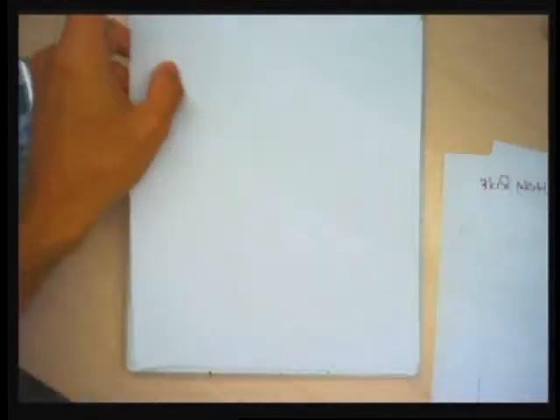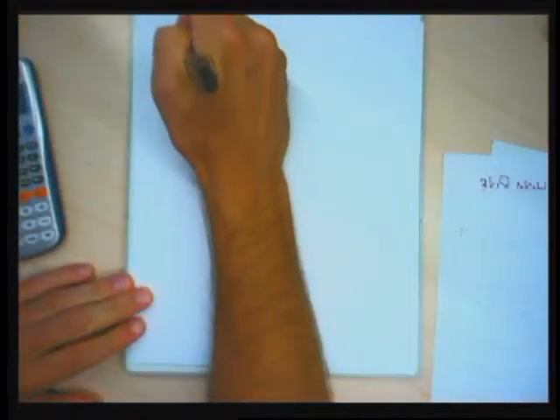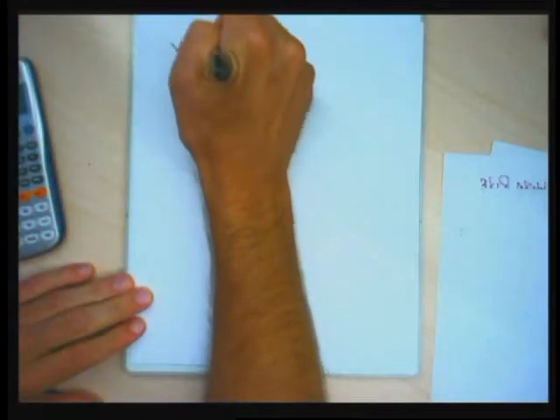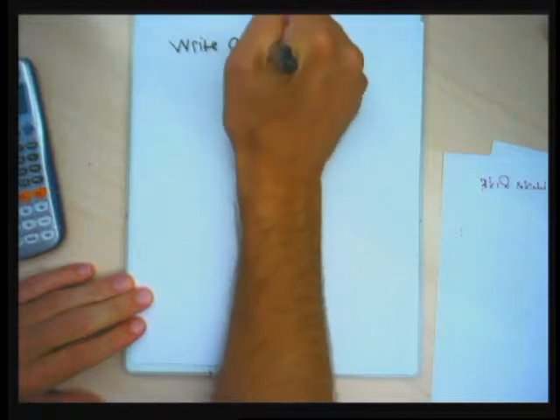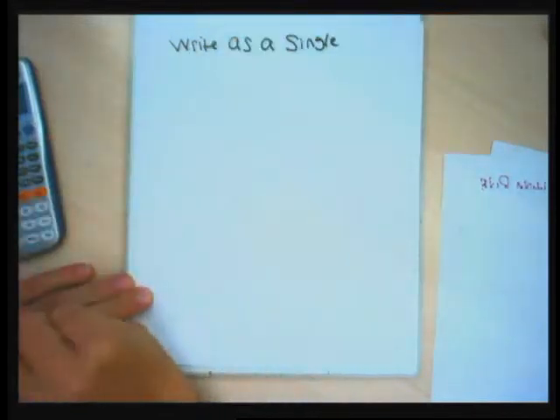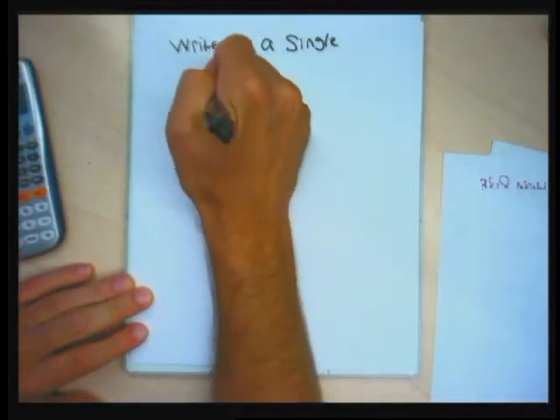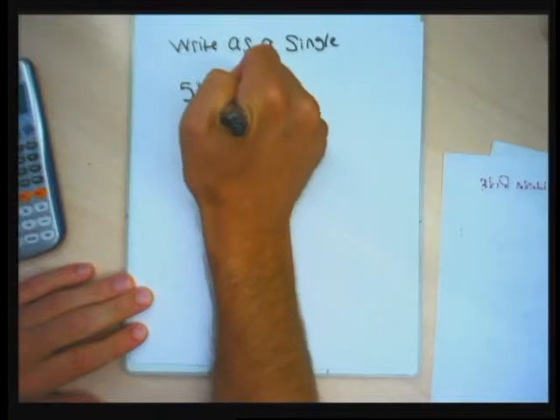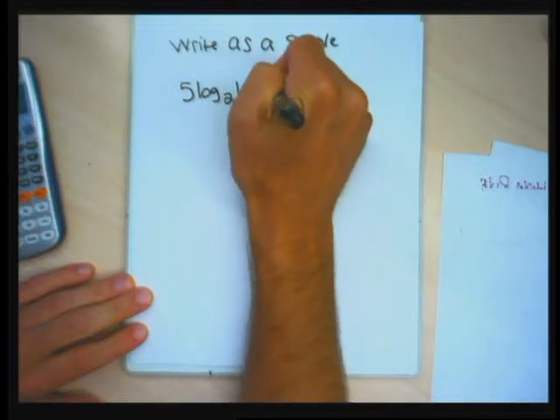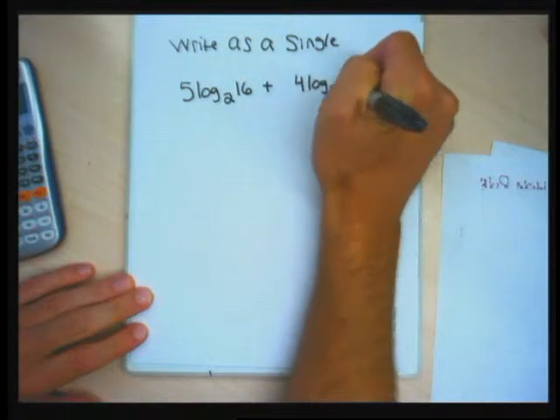So in practice, how do we use these? We have 2 kinds of problems that we're going to get here in a second. One kind of problem is write as a single log. I've done a few of these, but we haven't done any that use this rule. So let me try this. 5 times the log base 2 of 16 plus 4 times the log base 2 of 8.